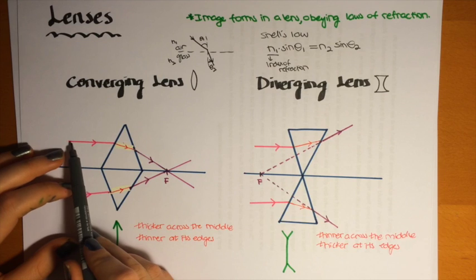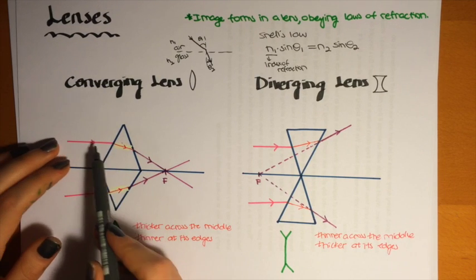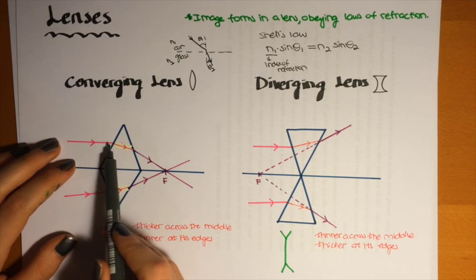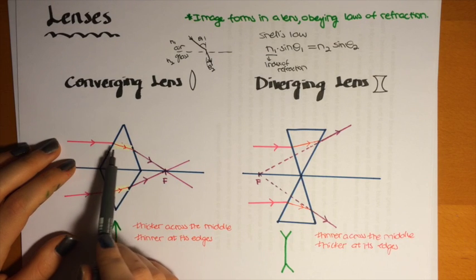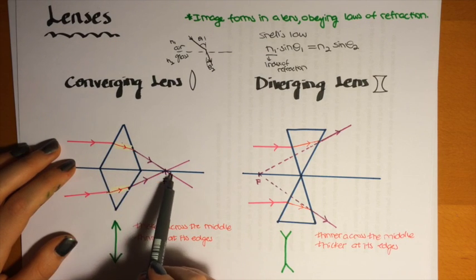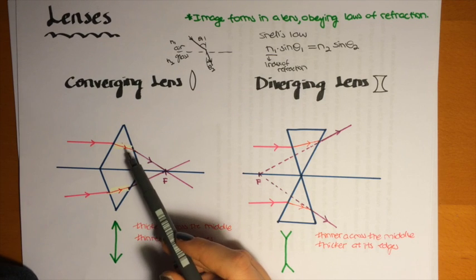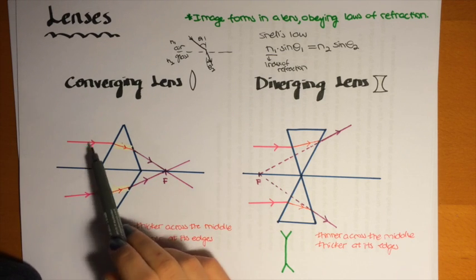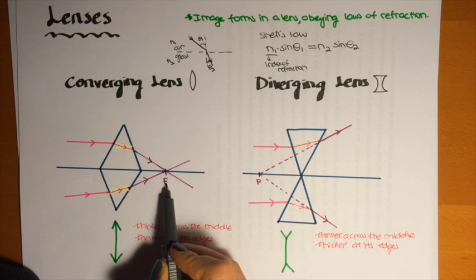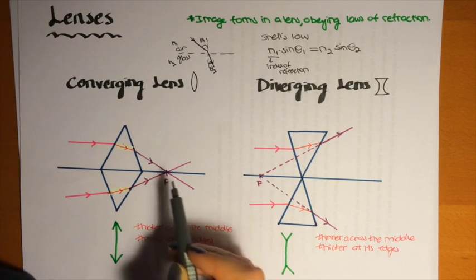Here, there's a ray that comes from the air into the glass, so it refracts, and from the glass to the air it refracts again. When I put these prisms this way, they make these light rays converge towards the focus.